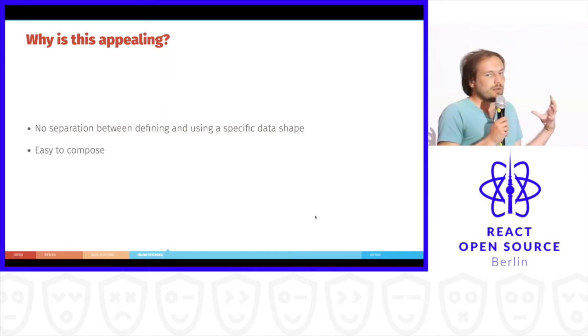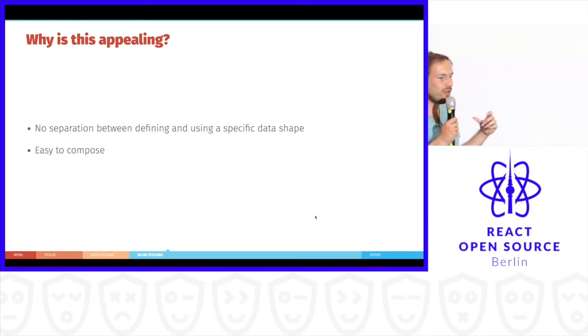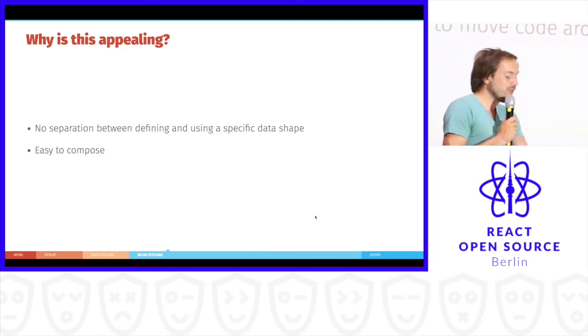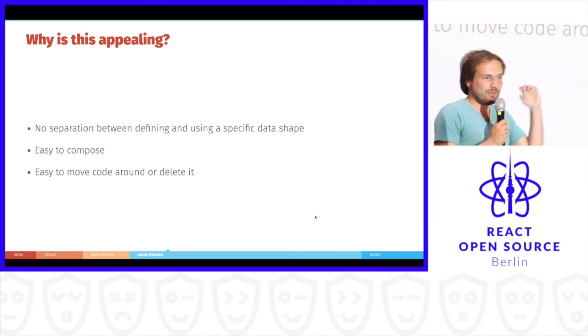It can become a bit difficult to compose stuff in GraphQL, because you always have to remember what kind of data you are potentially getting when composing stuff. And having it done automatically is definitely quite helpful. And of course, it's also much easier to move code around and delete it, because again, it's not co-located. You don't have several places where this is defined. It's just at this one place.